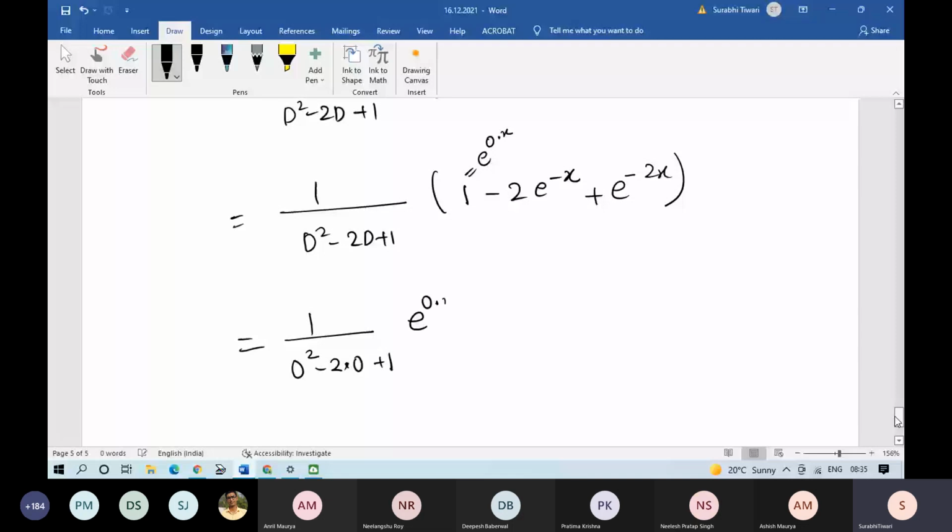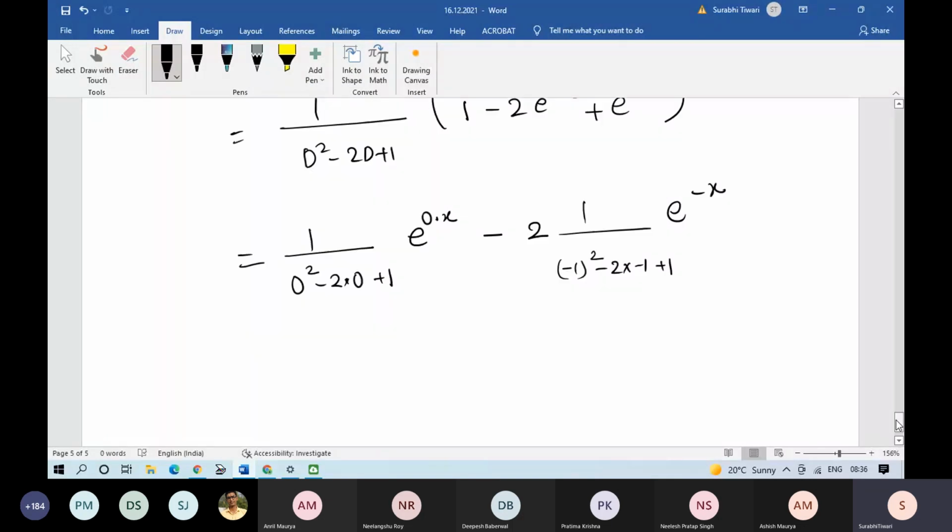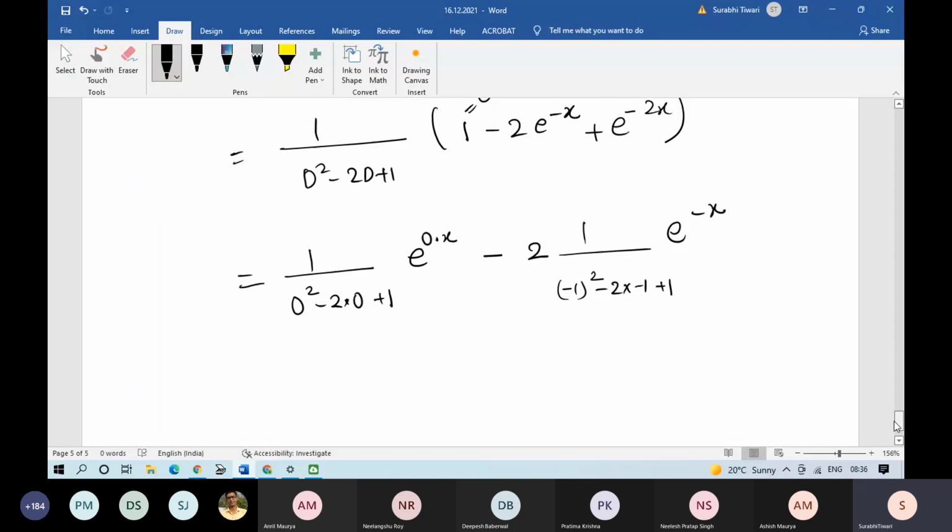Minus 2 times, now this term e raised to the power of minus 1x. Here a is equal to minus 1. So 1/((minus 1) whole square minus 2 into minus 1 plus 1) e raised to the power of minus x. Now this term e raised to the power of minus 2x, so this will be plus 1/, here a is equal to minus 2.